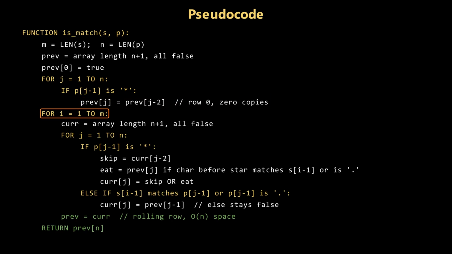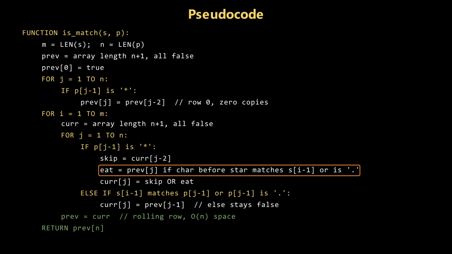For each text index I from 1 through M. Build current row all false, any index we do not update stays false. For each pattern index J on this text row. If pattern at J is star, skip reads current J minus 2, meaning 0 copies of the starred piece.